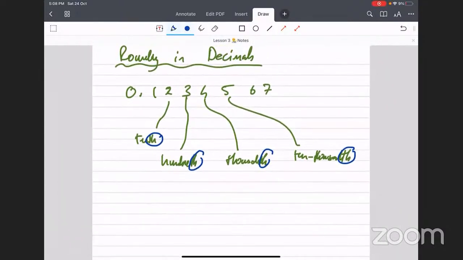So if we want to round 0.12345 to the nearest tenth, it will be 0.1.